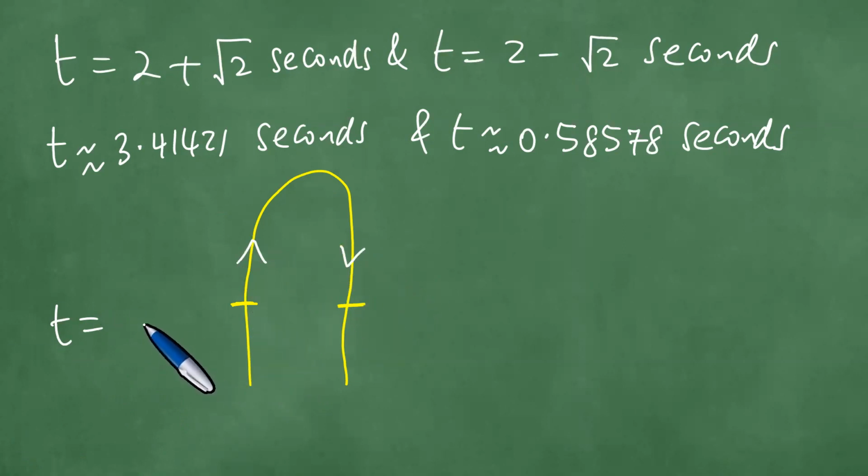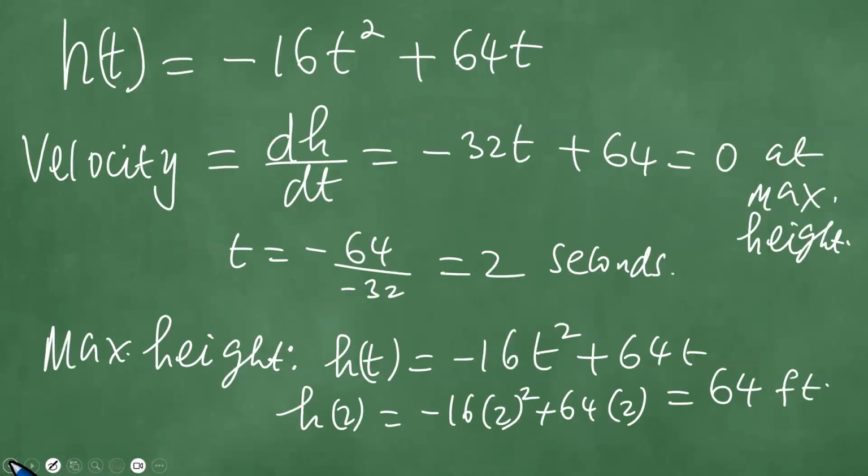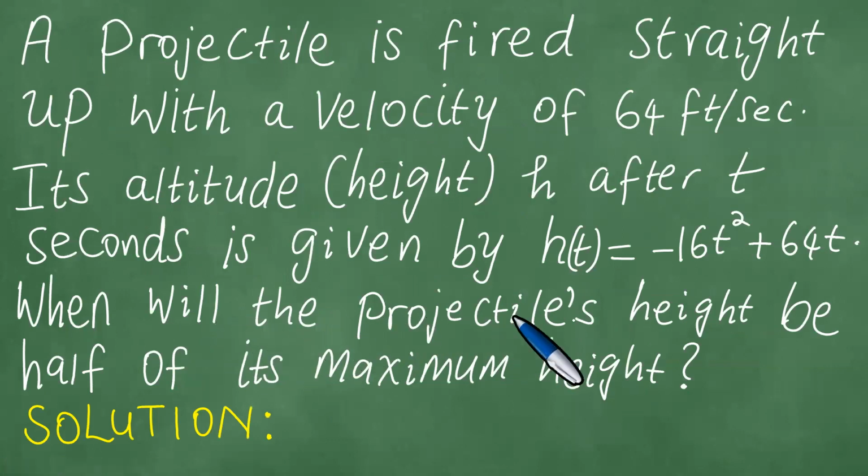So in other words, we are looking at what the question is actually asking us here, because at the time that it is projected up and then down, there are a couple of things that remain extremely important. We are asking when will the projectile's height be half of its maximum height?